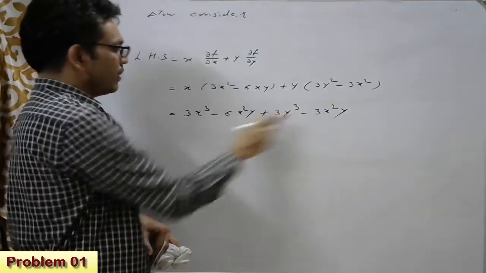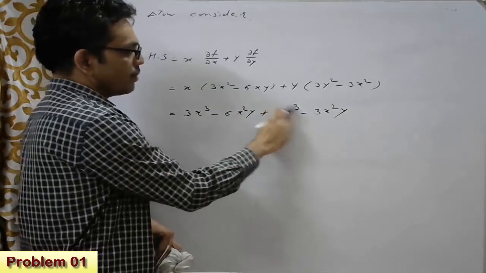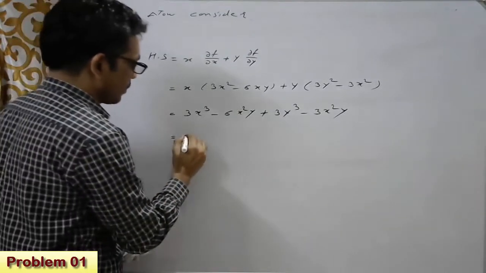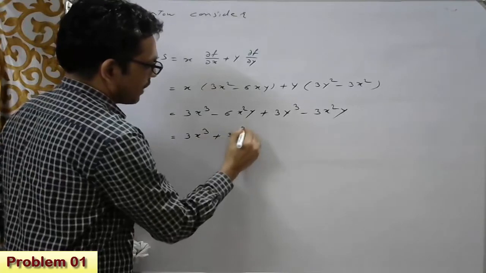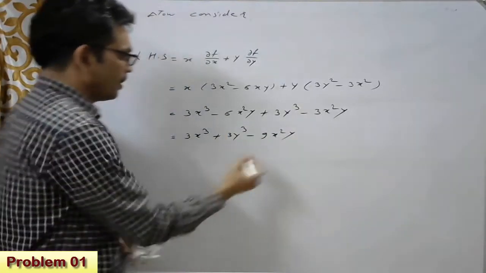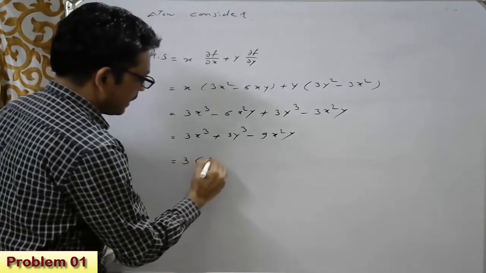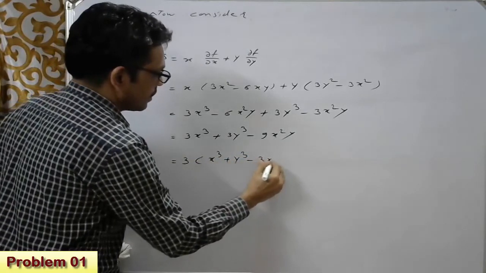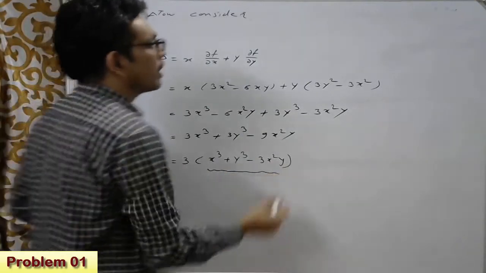Then by simplifying, we get 3x cube plus 3y cube minus 9x square y. Here we take 3 common, then in brackets x cube plus y cube minus 3x square y. And which is nothing but our equation number 1.